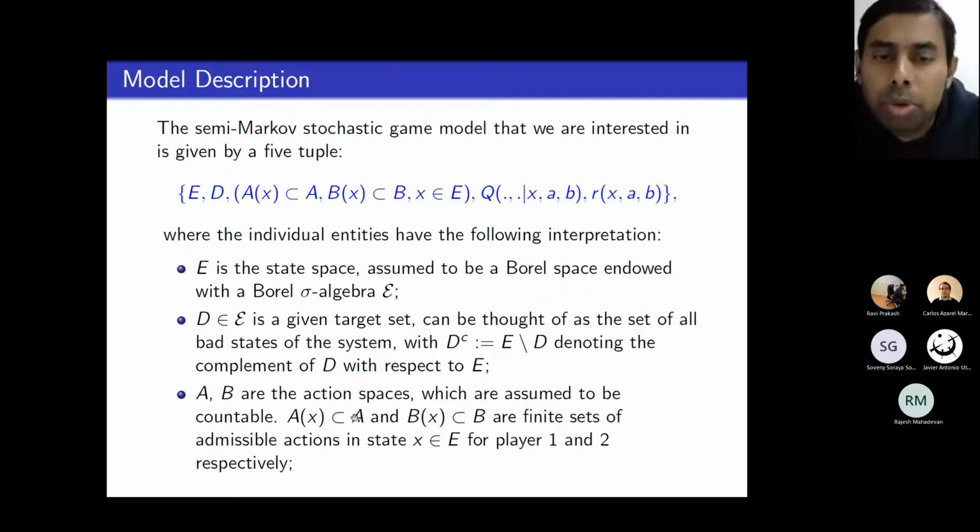If the state of the process is x, which is an element of E because the process is taking values in the state space E, then player 1 can choose his or her actions from A(x), and player 2 can choose his or her actions from B(x). So A(x) and B(x) are the sets of all admissible actions in state x as x varies over E. And the important thing is that A(x) and B(x) are finite subsets of A and B respectively.